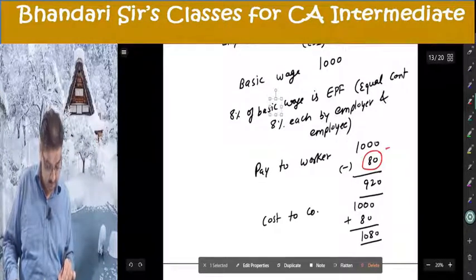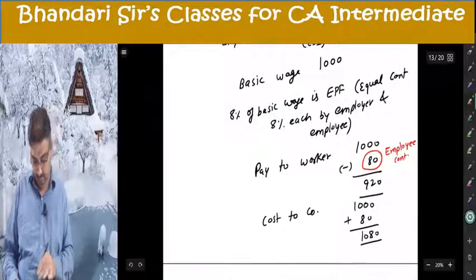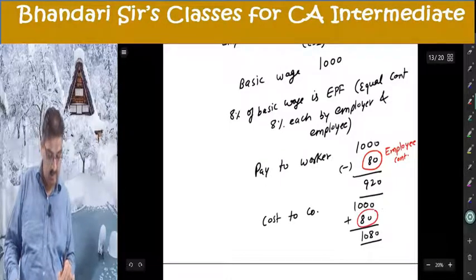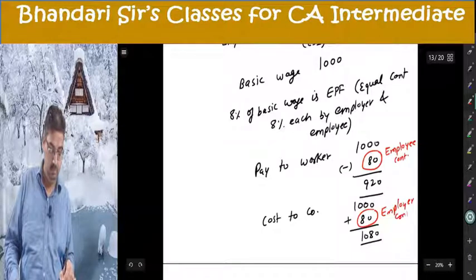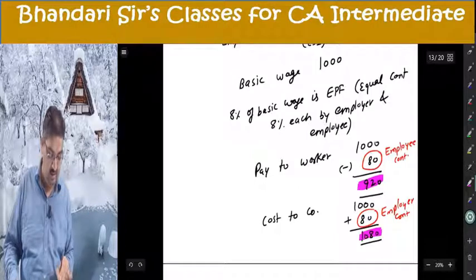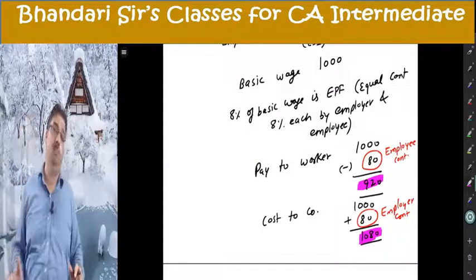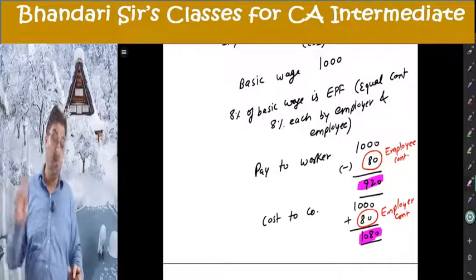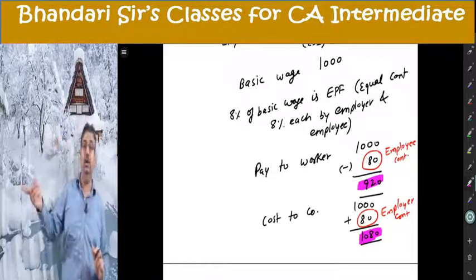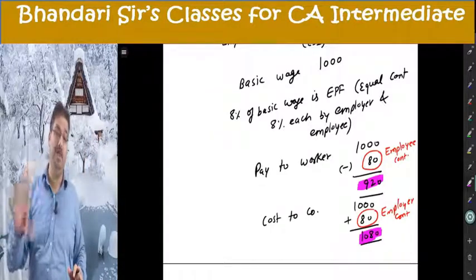Now try to understand these 80. This is employee contribution and this is employer contribution. And you can note the difference in these figures is 160. Where does 160 go? It goes to Provident Fund Corporation and will be paid to the employee at the time of retirement, death, superannuation, whatever.